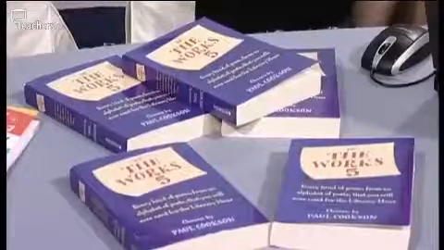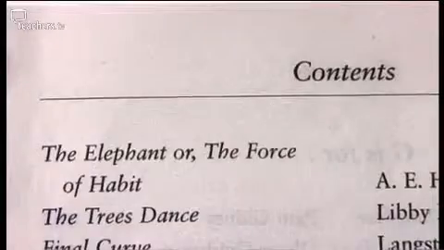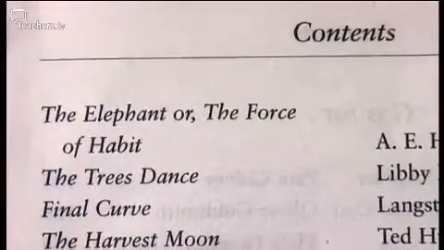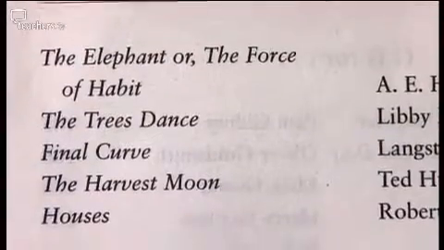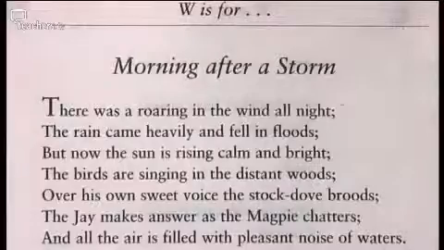Okay, well now let's move on to Louise's second choice of resource for us today, and it's called The Works 5. Explain this to us, Louise. This really just does exactly what it says on the tin. It has poetry for all aspects of the literacy hour. Again, you don't have to trawl through books and other resources trying to find examples for the poetry unit that you're on.